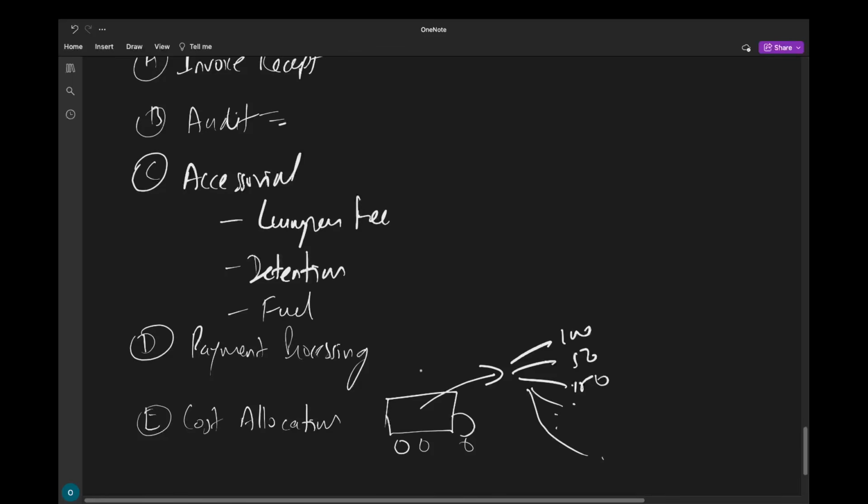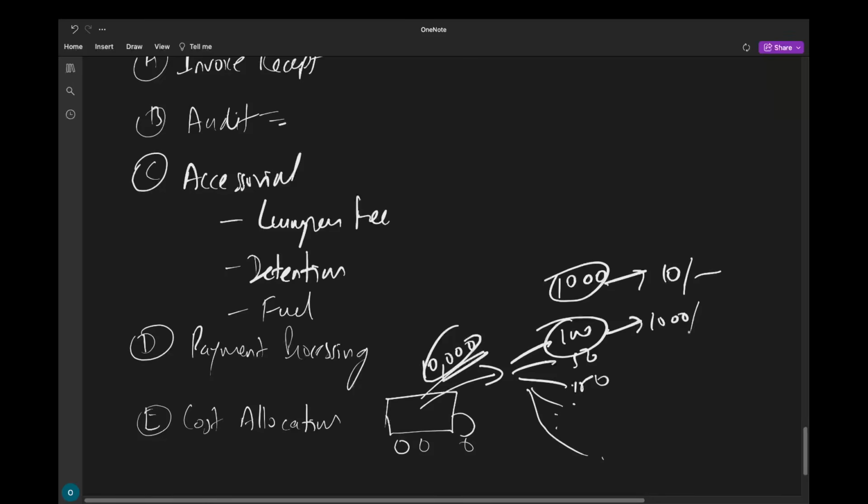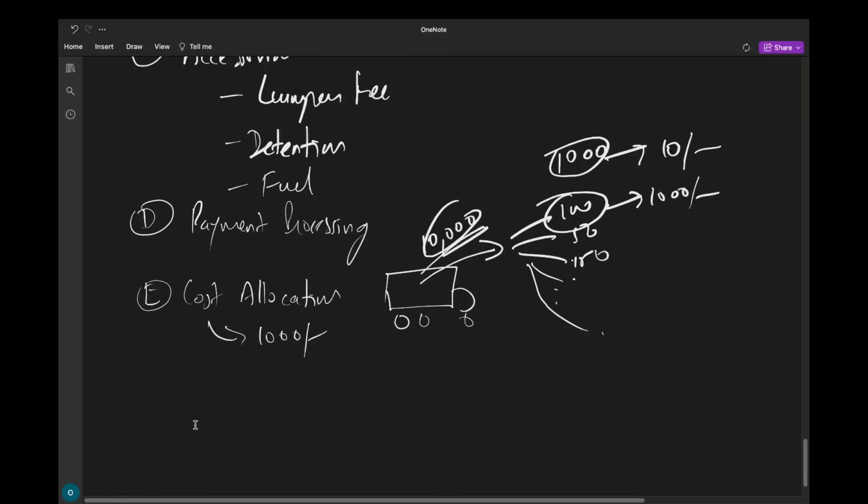If the overall truck pricing is 10,000 for 1000 items, then per item it will be 10 rupees. So for 100 items for customer A, it would be 1000 rupees. So the cost allocated to the first order from customer A will be 1000 rupees. For the second customer, it may be 500 and so on. So that is cost allocation.